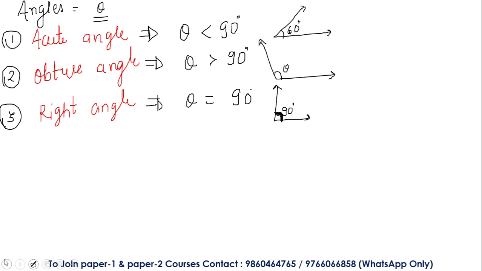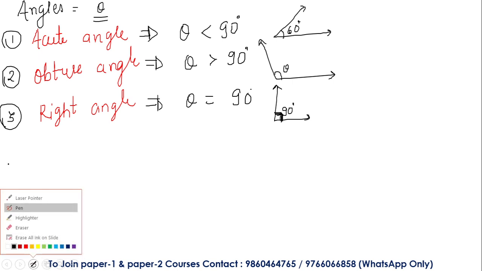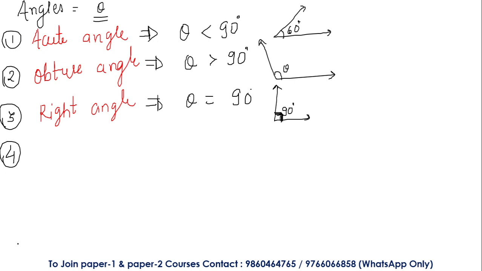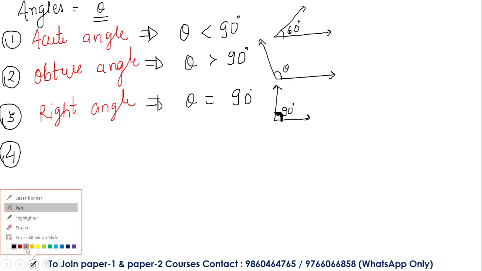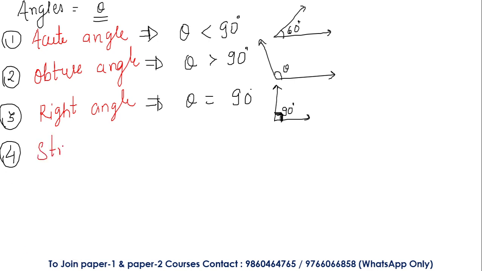Moving on now to reflex angle. Before that, one more angle is left actually, straight angle. Let's talk first about the straight angle, and then we will come to the reflex angle. Now what is straight angle? Just imagine a straight line.